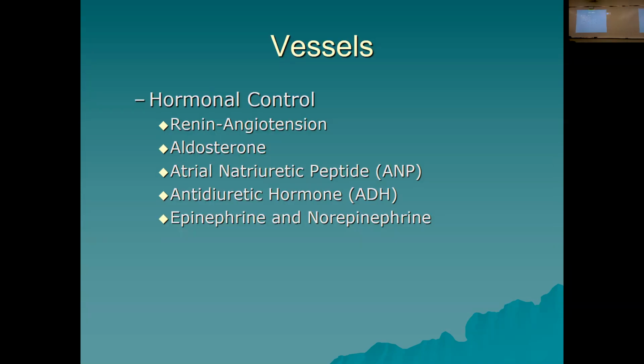So first, aldosterone. It's called a mineralocorticoid. If you remember from last semester, it comes from the adrenal cortex, and it stimulates the saving of salt. You lose less salt in your urine if your kidney secretes aldosterone.